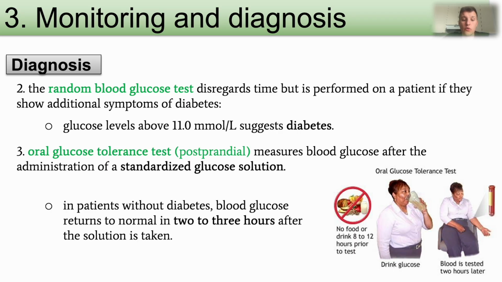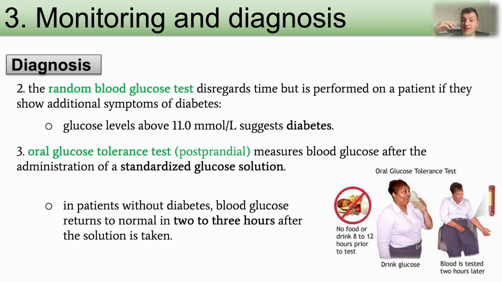And then there's the oral glucose tolerance test. This is a postprandial measure of blood glucose after the administration of a standardized solution. So what is asked of the patient? You're going to ask the patient to drink a special glucose solution with a specific amount. So actually you're going to fast, and then you're going to take this glucose solution and drink it.